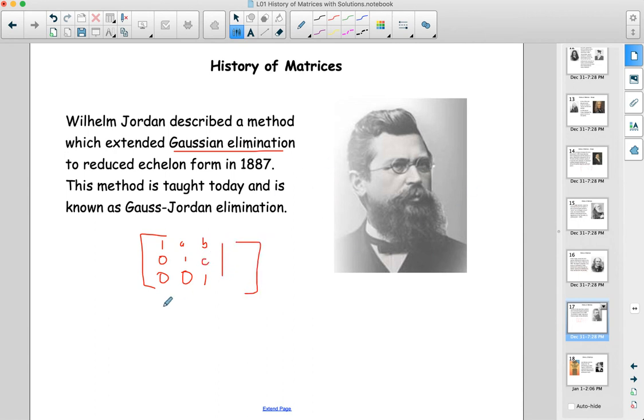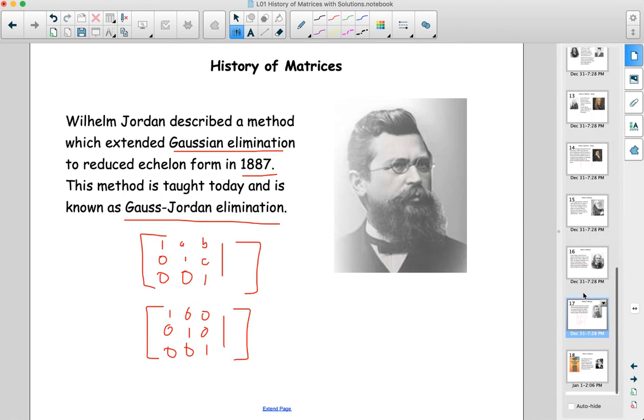It was Jordan who said that what we're going to do is make the pivot 1, everything else 0. Next pivot 1, everything else in that column 0. Next pivot 1, everything else in that column 0. So this was Jordan's addition to Gauss's method. So that method is now known as Gauss-Jordan elimination, and this is called a reduced echelon form matrix right here. He developed that in 1887, and as I mentioned, that's known as Gauss-Jordan elimination.